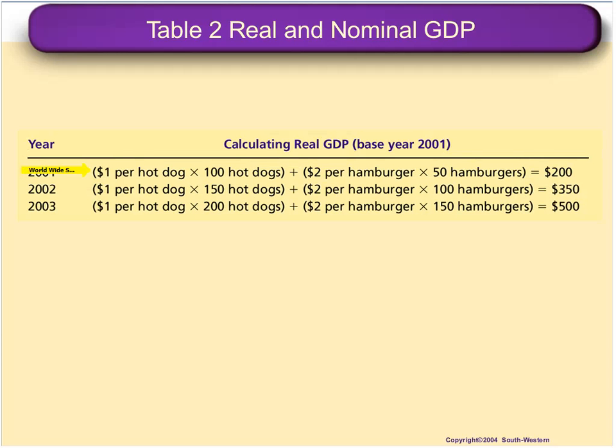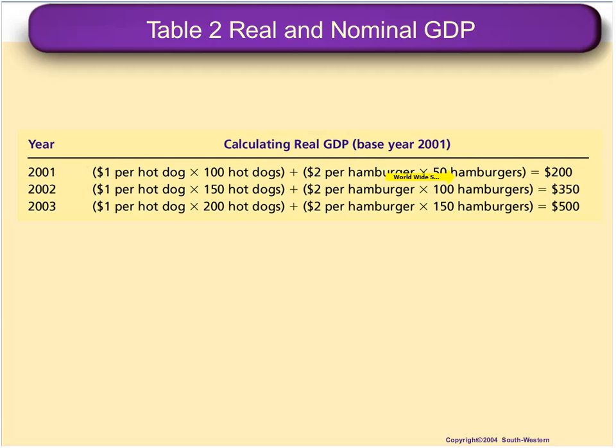A $1 hot dog in 2001 multiplied by 100 sold, and a $2 burger with 50 sold. These two together give you exactly 200, based on year 1.